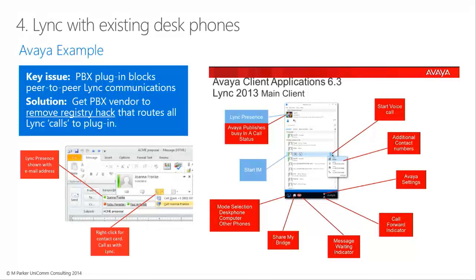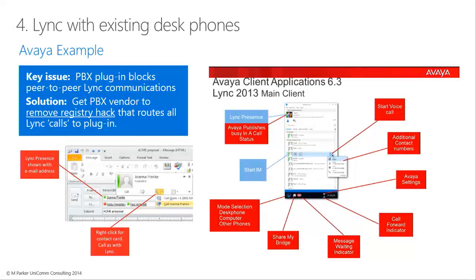Now, what will happen if you leave Lync peer-to-peer calling, not enterprise voice, just peer-to-peer voice and video, on? In other words, if Avaya politely hacks your registry, then the user will have a menu of what happens. They'll have a chance to make the call on Lync or make the call on the phone, on the PBX.